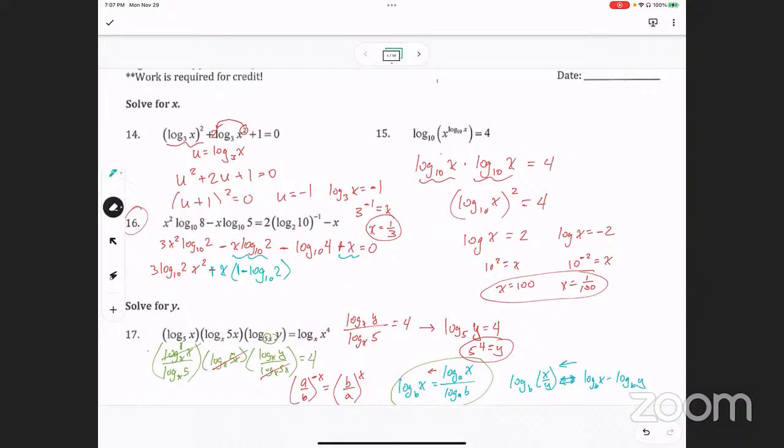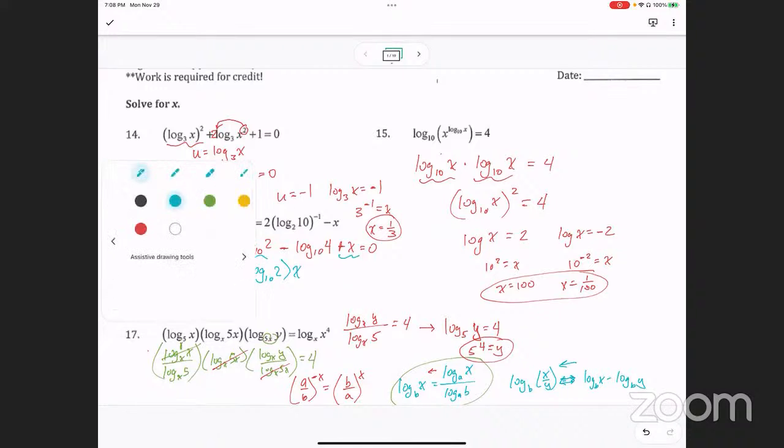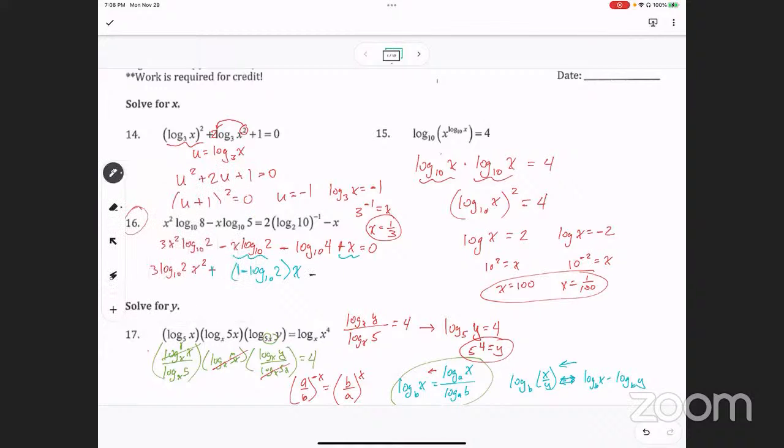I factored an x out. I'm going to put the x on the right side of it so it looks more like a quadratic. So there's my linear term. And then it's just minus log base 10 of 4, which again is just a number, equals 0.